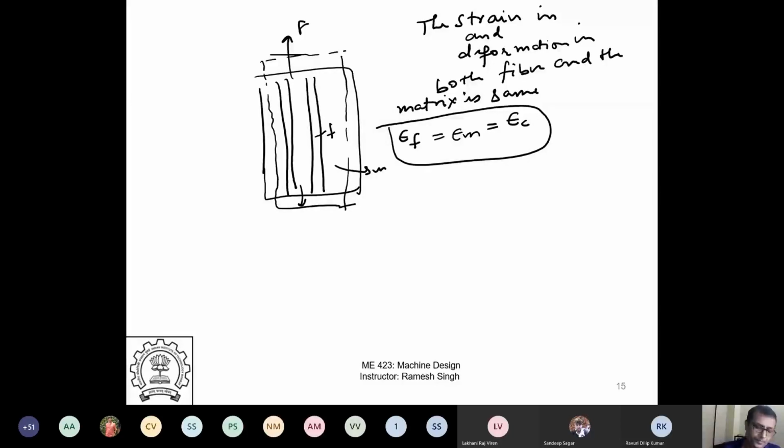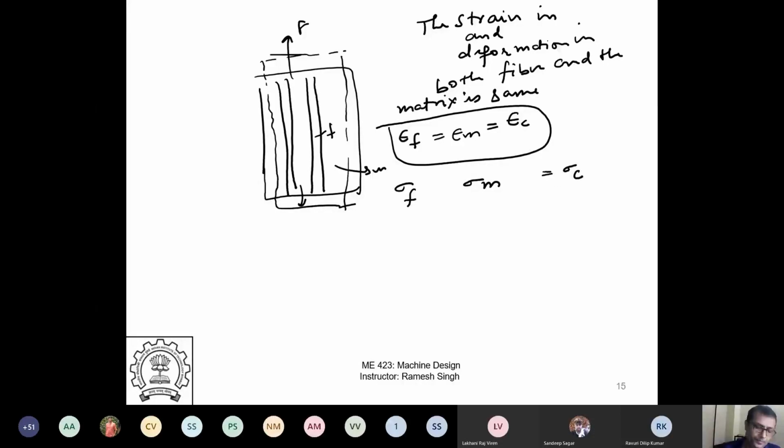And what I say is, strain is same, but load is shared, right? So basically sigma F shares the maximum load, and then there is sigma M, what is just in the matrix, and then I have sigma C, which is the combined thing.